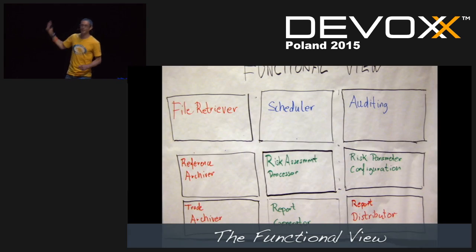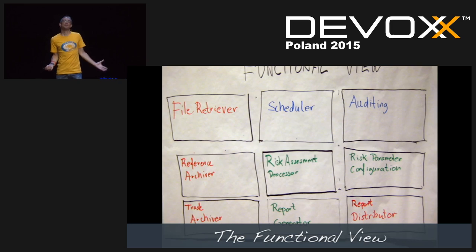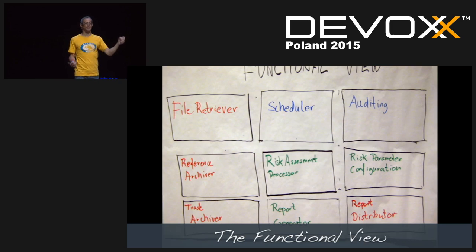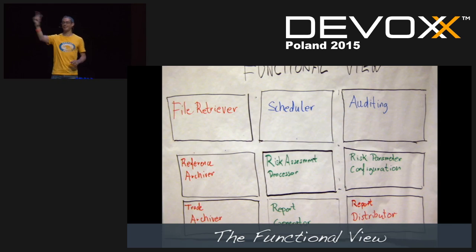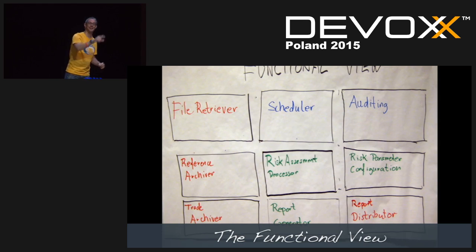This is a real diagram from a real workshop a few years back. People like to draw me a functional view of the system, and it's basically just a bunch of boxes with things in. Imagine you're having a house built, and you ask your building architect to draw you a functional view of your house. Eating, sleeping, entertaining, yeah, it's just useless.